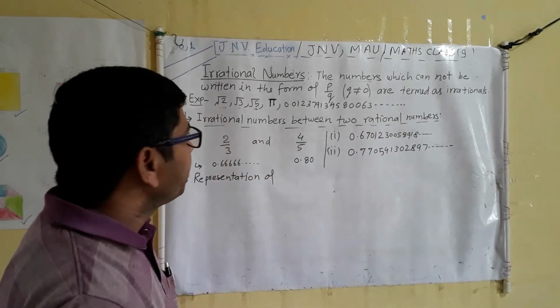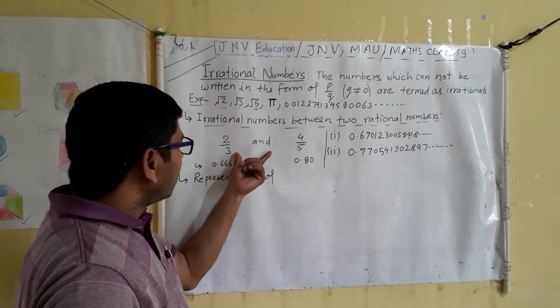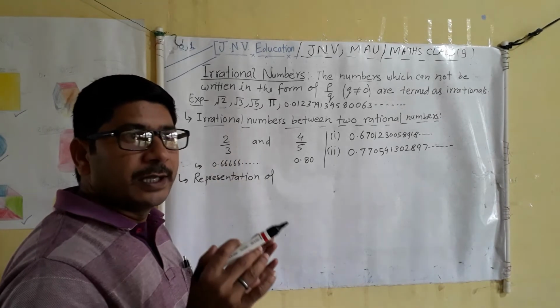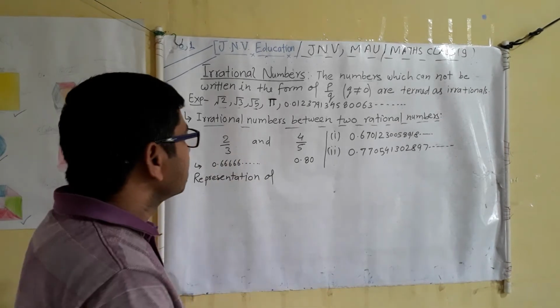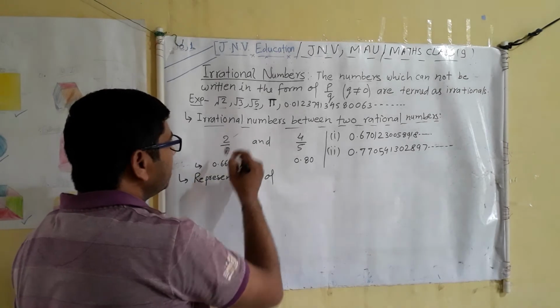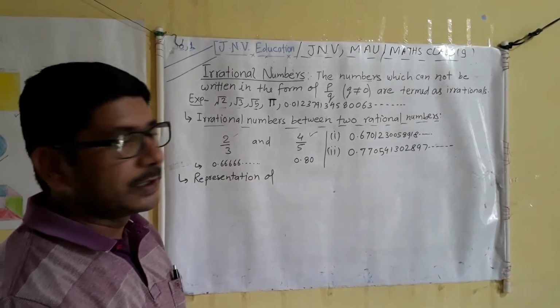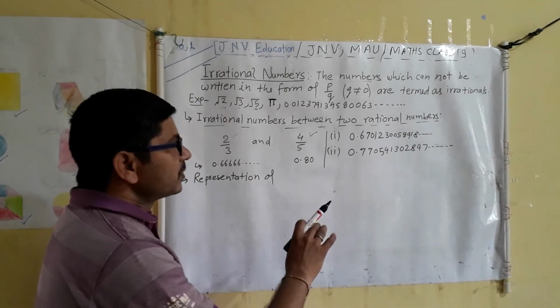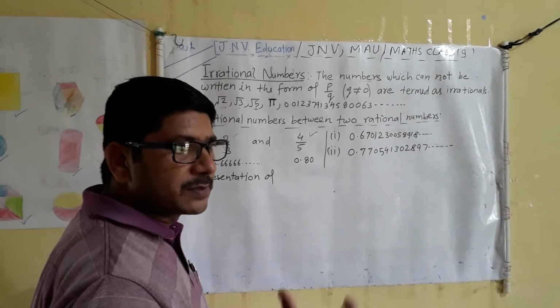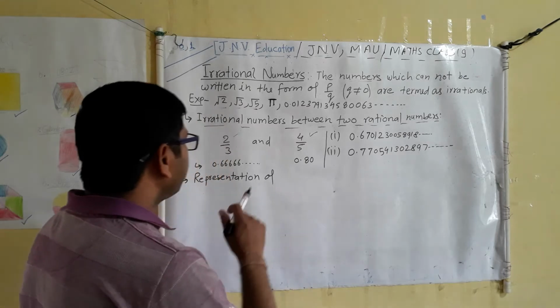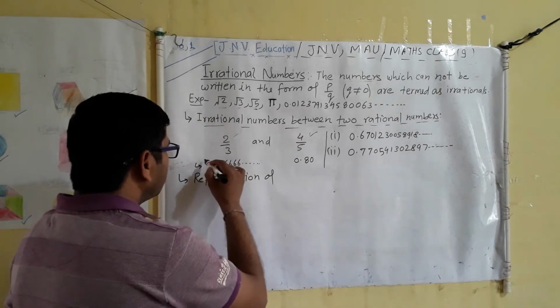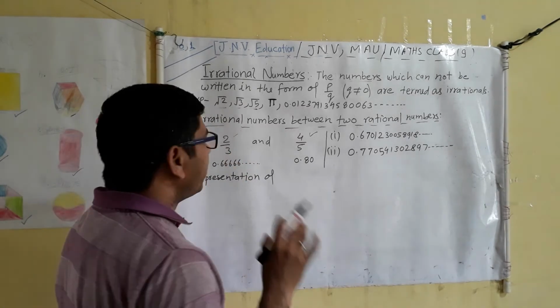So here I am going to write some irrational numbers in between 2 by 3 and 4 by 5, which are rational numbers. To write irrational numbers between any two rational numbers, first of all convert them into decimal form.